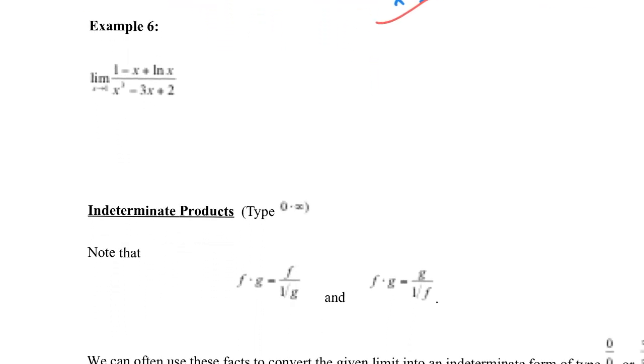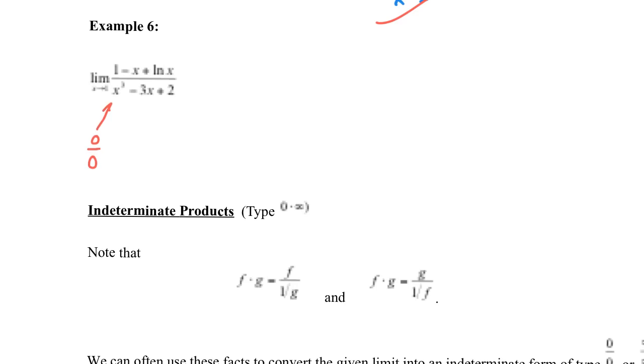So for this one, when you plug in a 1, you're going to get 1 minus 1 plus the natural log of 1. Well, that's just 0, so you get 0 on the top. On the bottom, we get 1 minus 3 plus 2, which again gives us 0. So we're good.